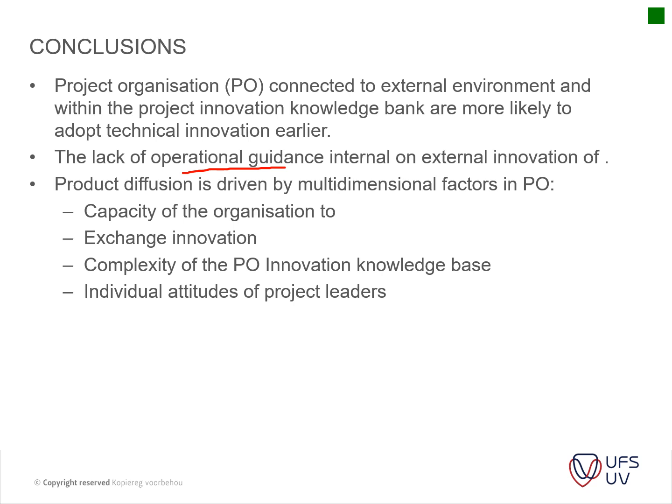The project organization is the capacity of the organization to engage, to exchange innovation. It's that diffusion of information. Complexity of the project organization, innovation knowledge base: it's not transferred very quickly. Everyone has to be convinced that this is a good solution. Then individual attitudes of project leaders.